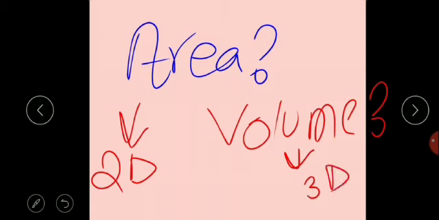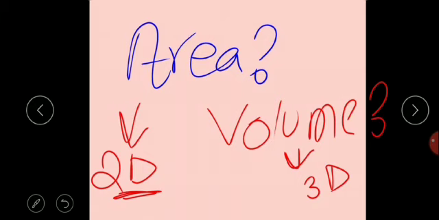Area is the space occupied by 2D shapes, whereas volume is the space occupied by 3D shapes. It's how much space any object is covering. If it is a 2D object, then that space is known as the area. If it is a 3D object, then that space covered is said to be the volume.